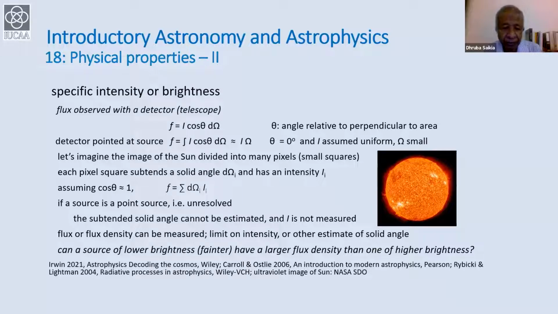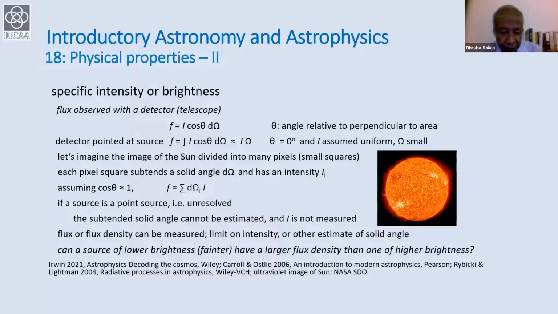And if I know the distance of the source, I can convert it to an angle and get a steradian from it. So I can get it by indirect means. I can estimate what the intensity is, either putting a limit if there is no other information except the resolution and it is unresolved, or from arguments such as the ones we just discussed. But ideally, you want to know the solid angle that the source subtends.